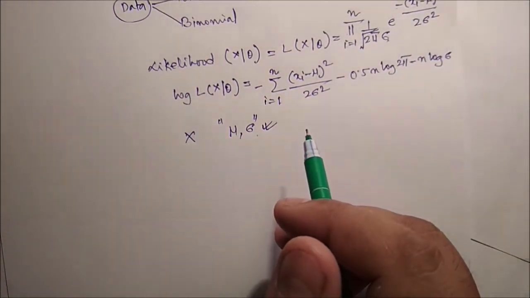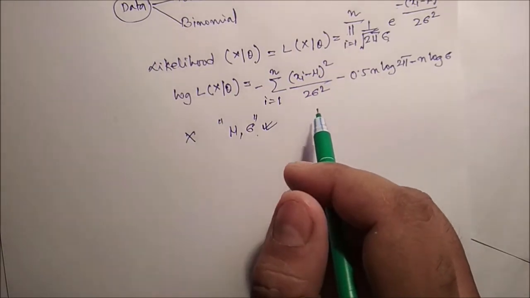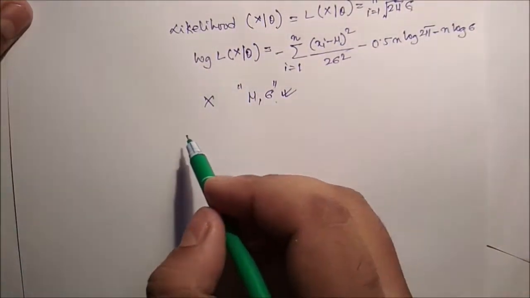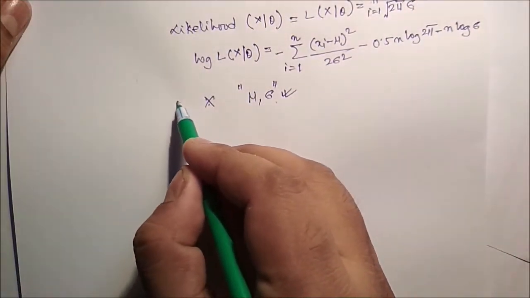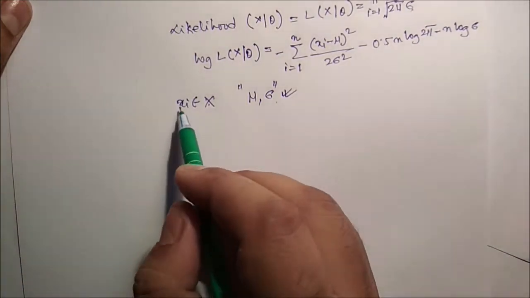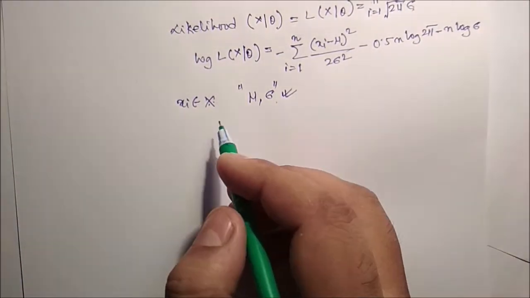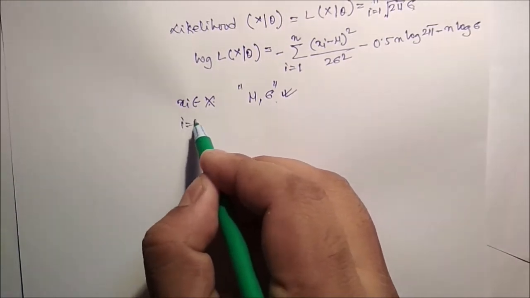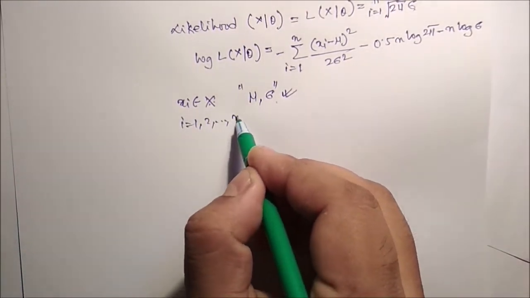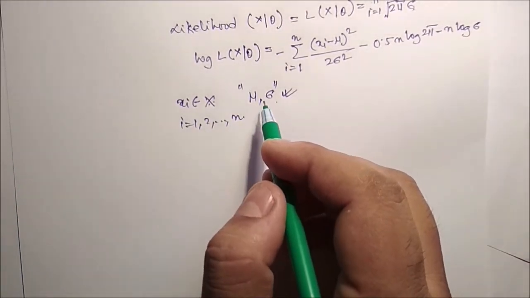Now with the help of available data, x is the whole data. With the help of available data, xi belongs to capital X, where i is equal to 1 to n. What is n? n is the number of data.